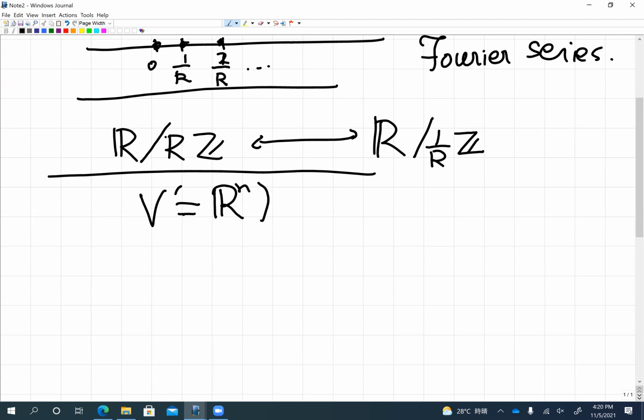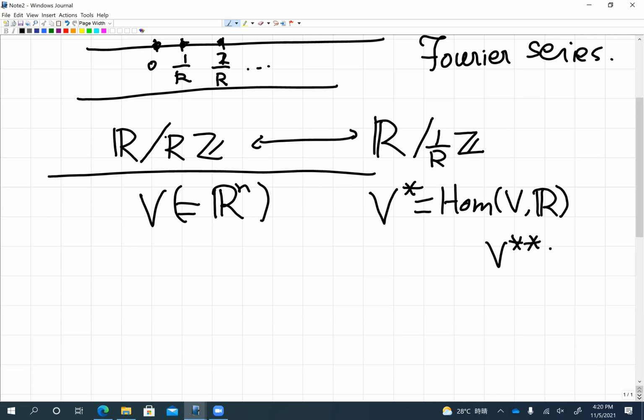And then in mathematics it has a dual space V star. V star consists of all the linear maps from V to R. And a duality is a property that if you do it twice, you get back itself. So you go there and come back, you get back itself, and that's what duality is.